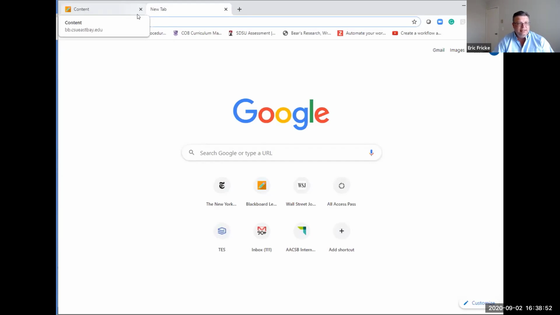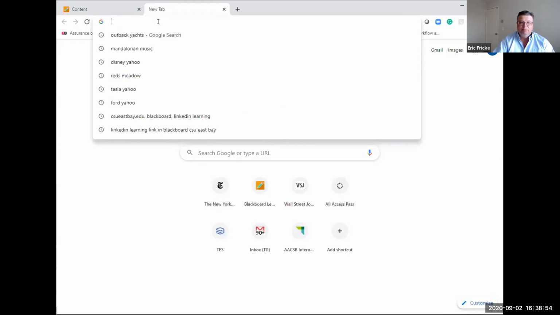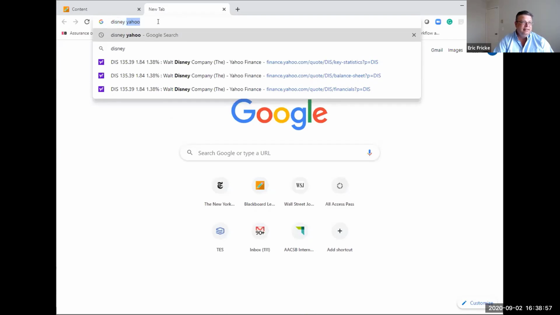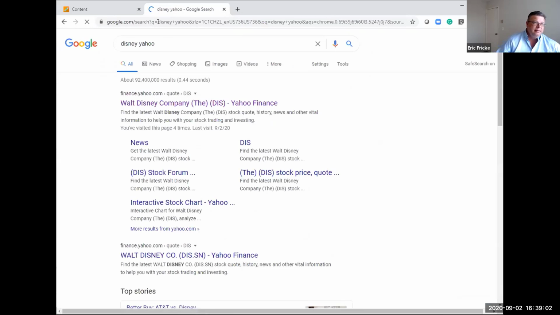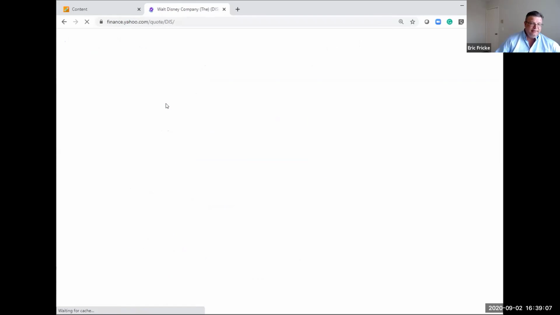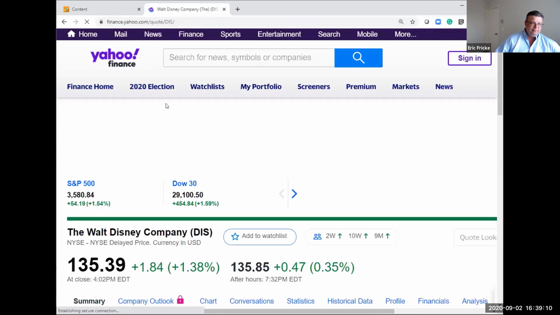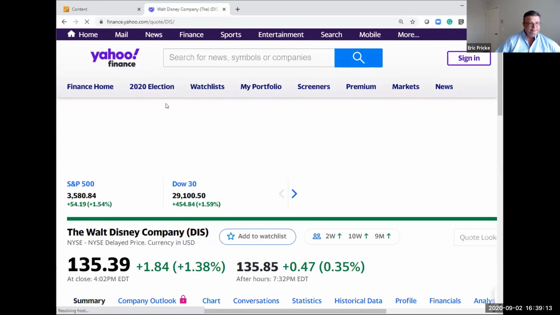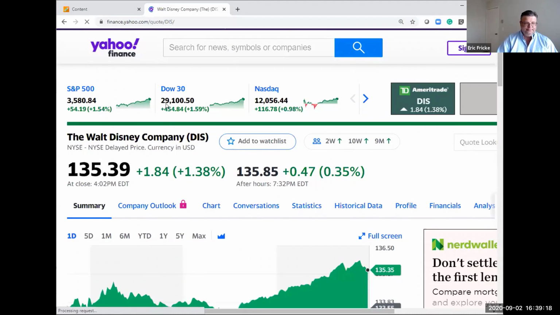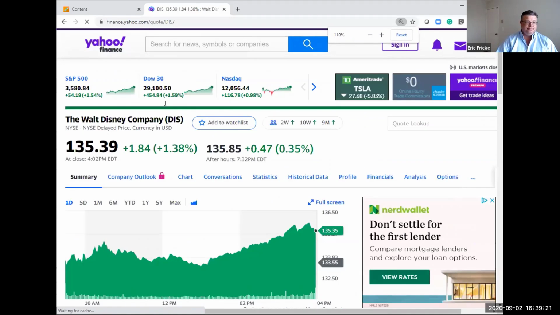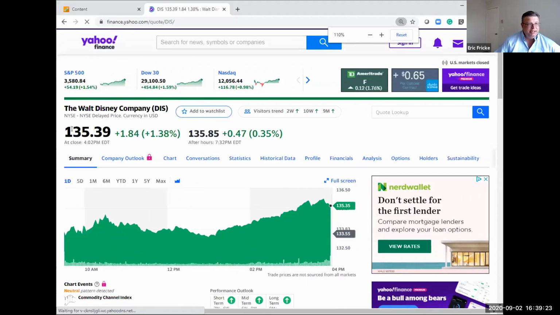An easy way to do this is to search for whatever company you're looking for. Let's say it's Disney, Yahoo, and usually the first thing that comes up in your search is the right site. So here's the stock price right here, which is something you often have to have.